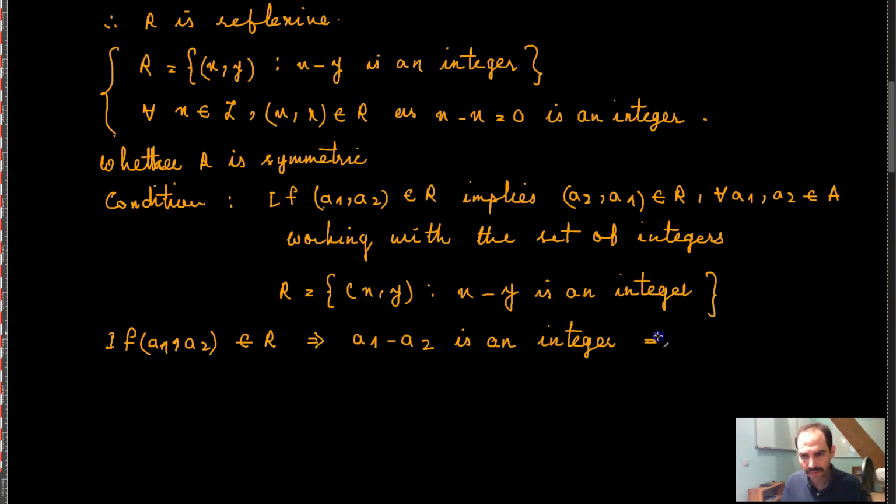Which implies that both A1 and A2 are integers. Now if A1 and A2 are integers, that also implies that A2 minus A1 is also an integer.